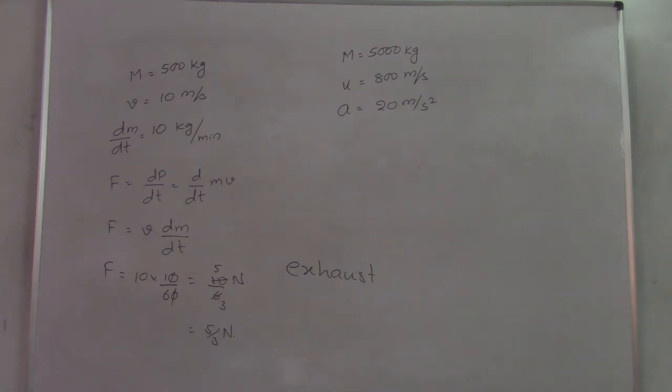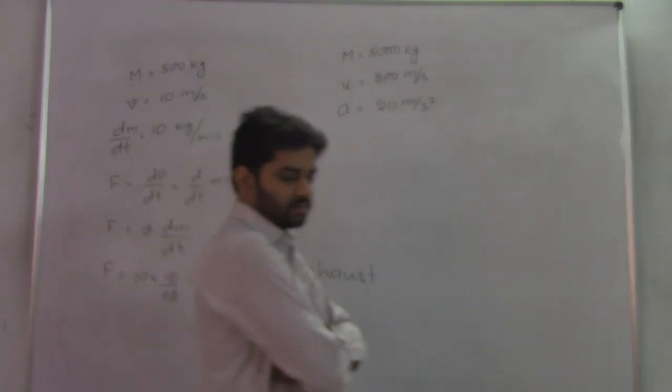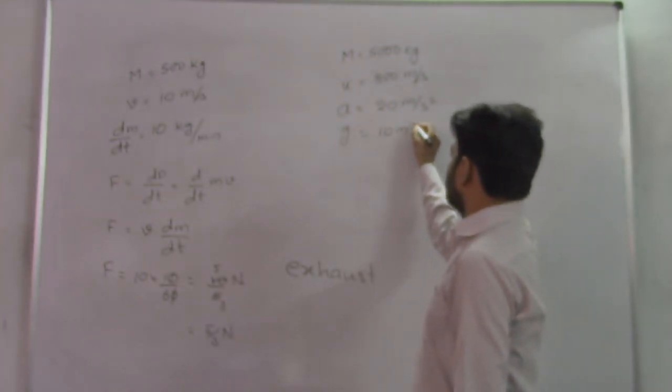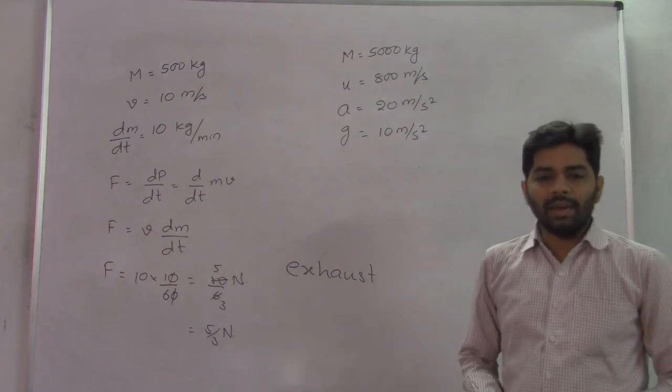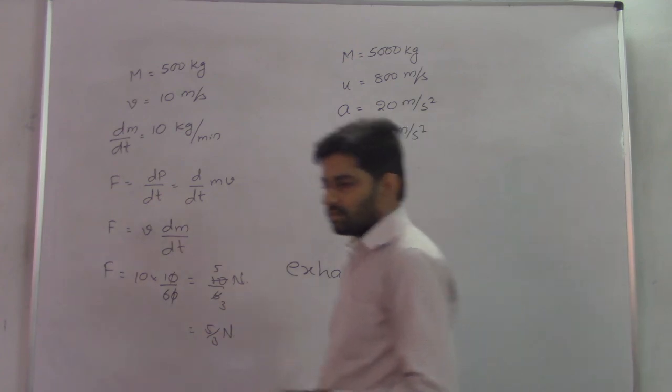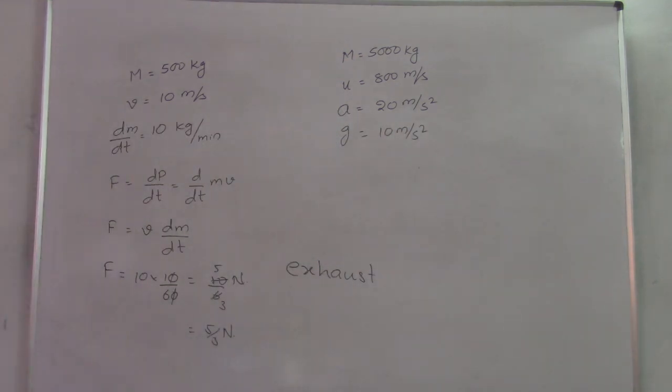Find the amount of gas ejected per second to supply the needed thrust. In bracket, small g is equal to 10.